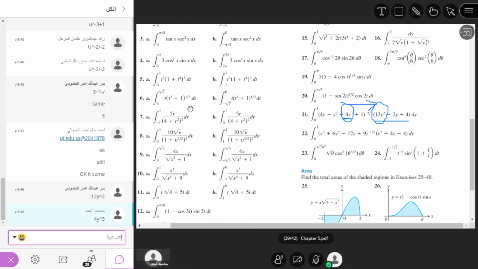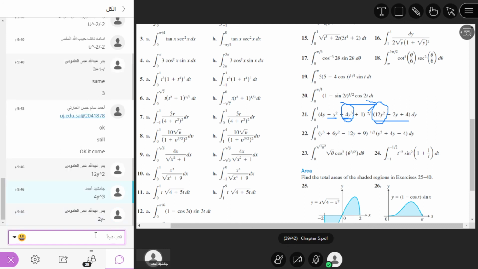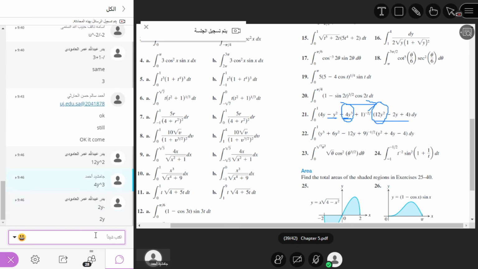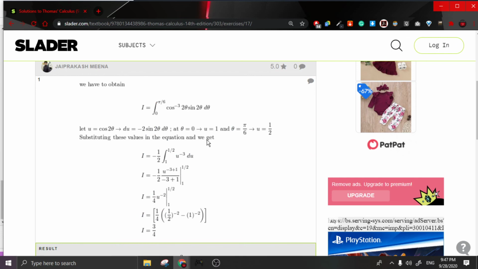What is the derivative of minus y square? It is equal to minus 2y.